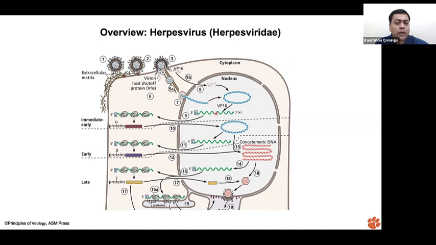So in the first round, immediate early, and this is easy to remember, they produce these alpha proteins. These alpha proteins are transported into the nucleus, and they help in the transcription of the second round, the early genes, which produce the beta proteins. Now the beta proteins go back in there.